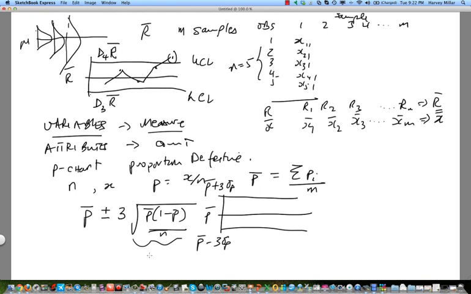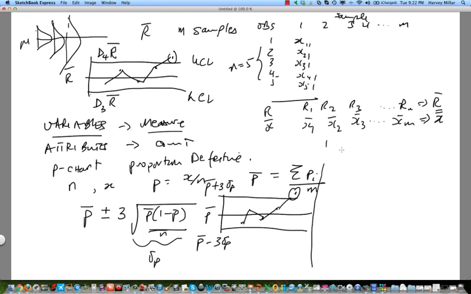This is your sigma p right here. Alright? And again, same idea. You plot, and if you go out of the limits, then there's something wrong with your process. If you recall your statistics, this is just a confidence interval for proportions.